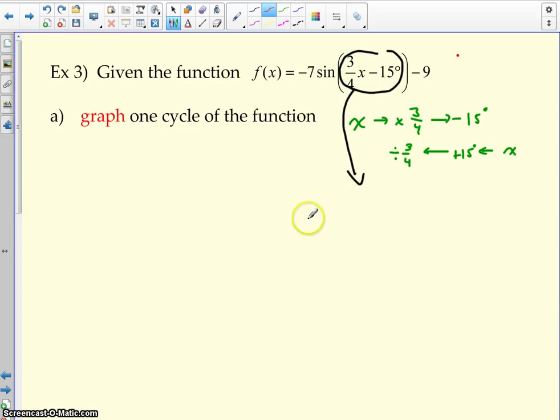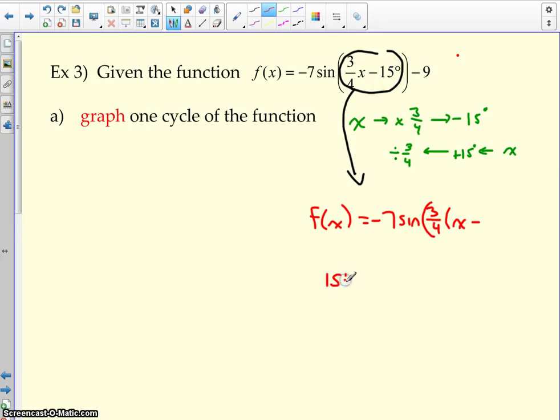So if we factor that out instead, we're going to have f of x equals -7 sine. If I take out the 3/4, I'm going to have x minus what? Well, I have to do 15 degrees, and I factored out 3/4.